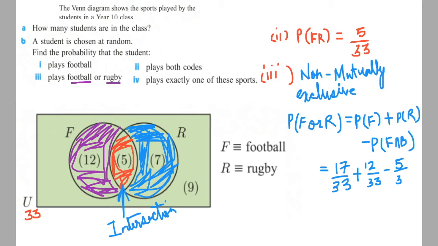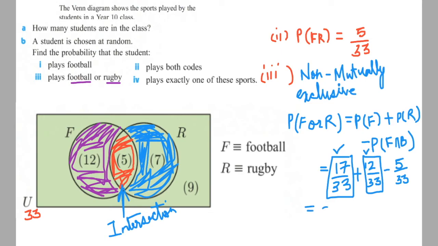Why are we subtracting it once? Because in these two scenarios we have counted the common ones also, but we have counted twice. This common area has come into picture in this as well as this, but it has come into picture twice, whereas we have only one common region. So I'll write minus 5/33.